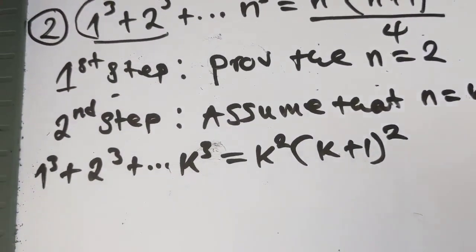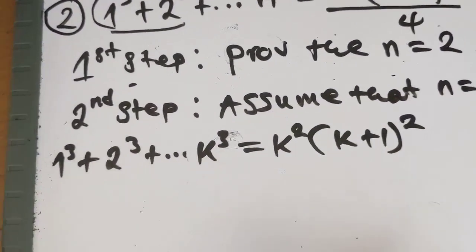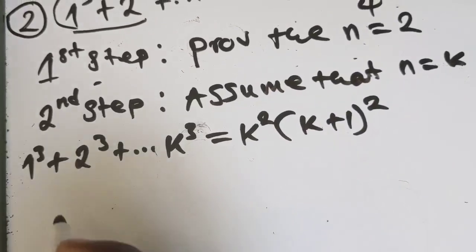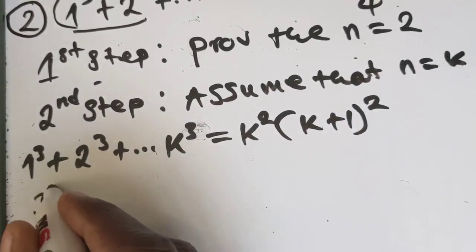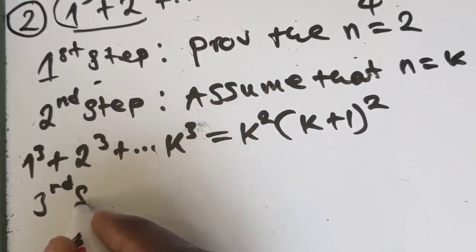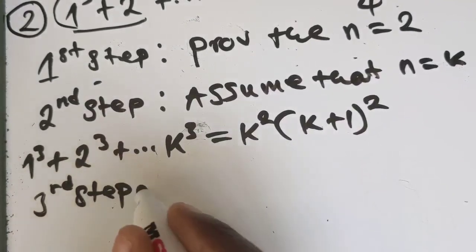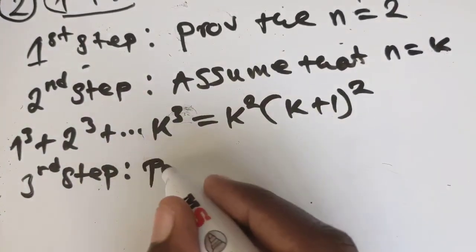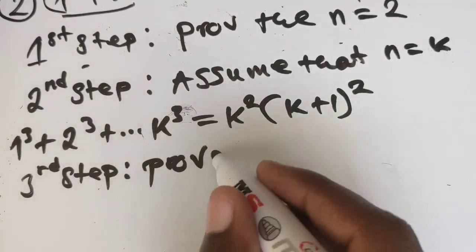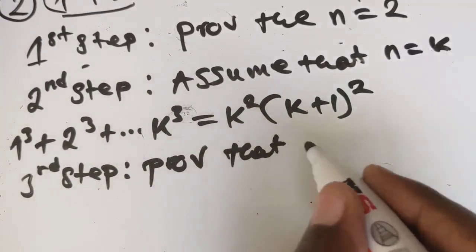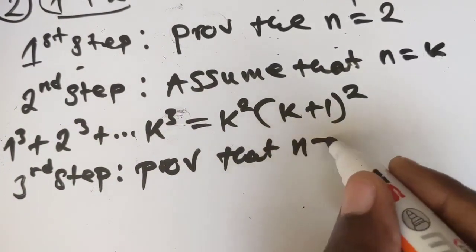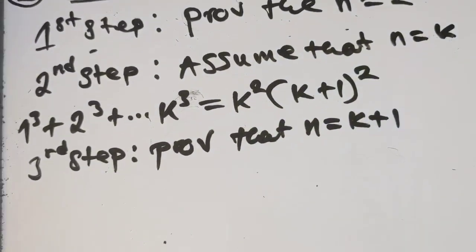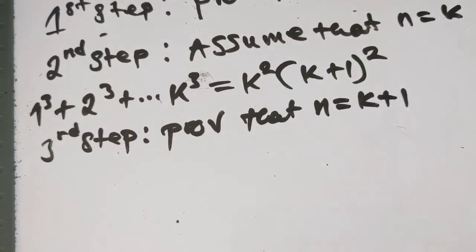So now we need to write the third step. In the third step, we prove that the statement is true for n is equal to k plus 1.